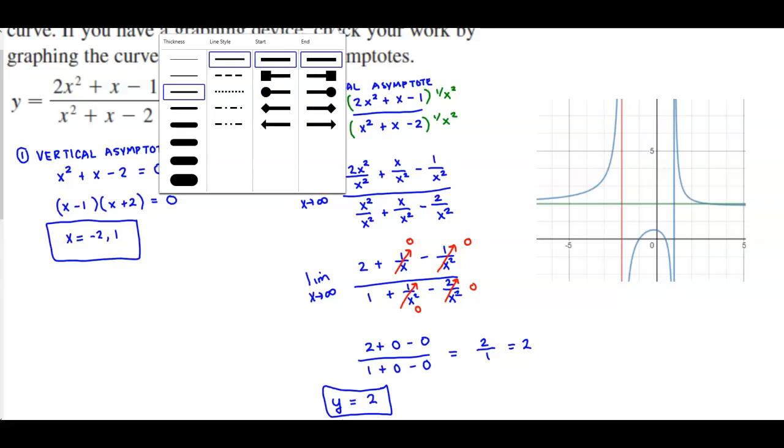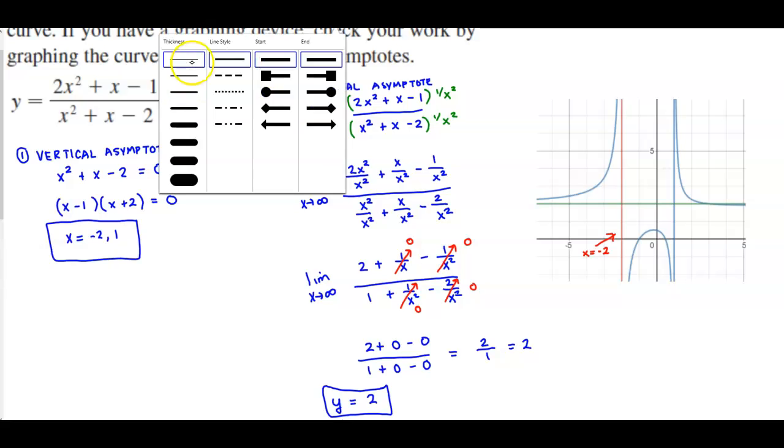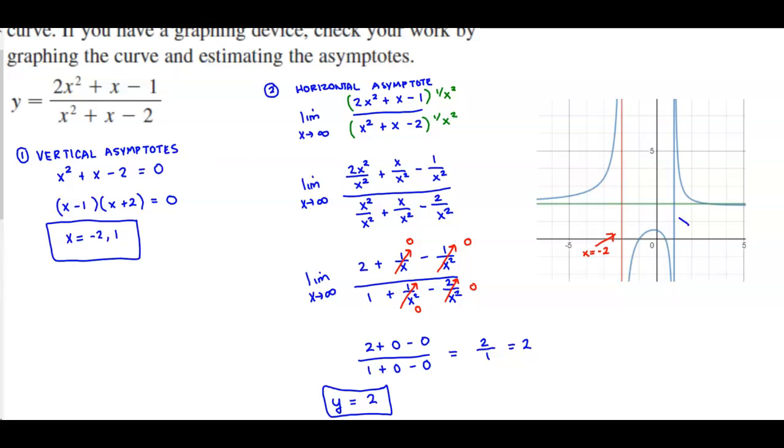So if we take a look at the first vertical asymptote, we know that this represents x equals -2. We also know that this represents x equals 1. So let's confirm this.